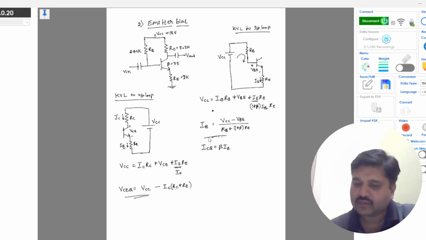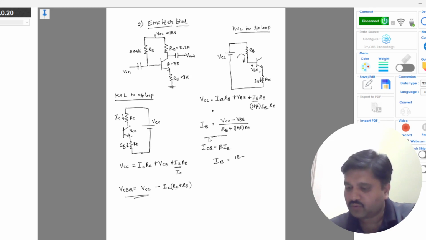Now substituting these numerical values to find IB, which is 12 minus 0.7 divided by RB 240K plus 1 plus beta times RE, which is 1K.